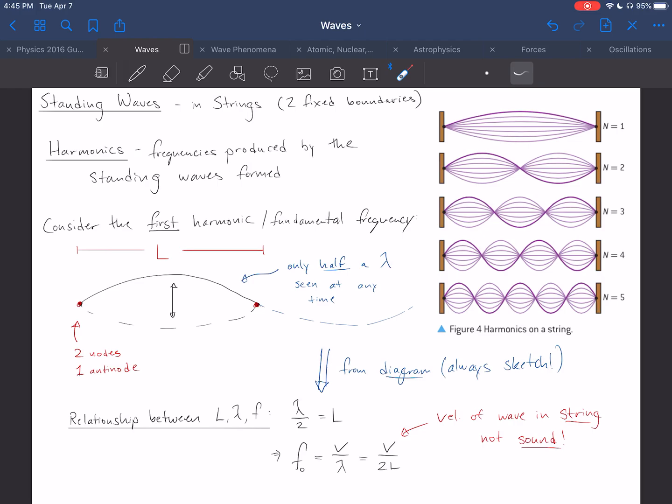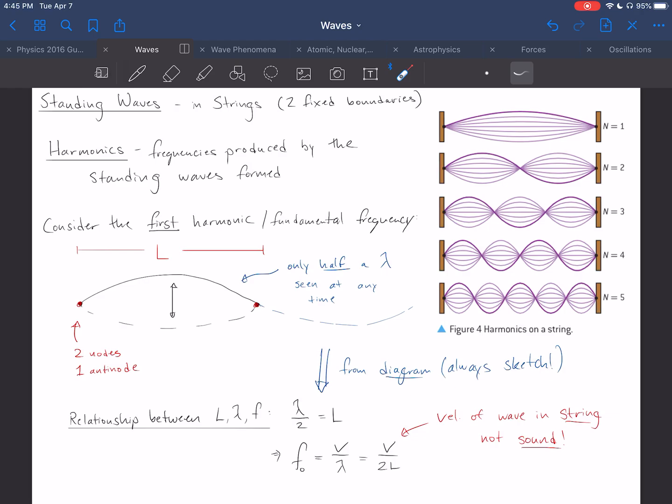And the full length of the string is L, diagrammed here. Notice you only see half a wavelength. So if you extended the image of this out, you would see a full wavelength. But at any given time, you only see one bump, and it's either up or down. So you only see half that wavelength.